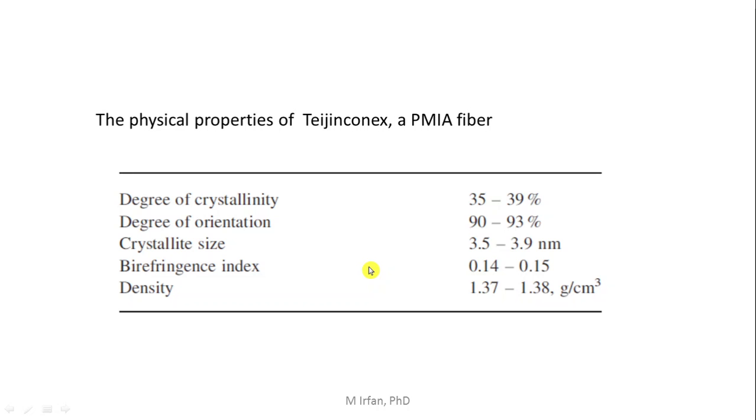These are the properties of Teijin Conex fiber, and we can see that the degree of crystallinity in this fiber is about 35 to 39%, and the degree of orientation is 90 to 93%, with a crystallite size of 3.5 to 3.9 nanometer, and the birefringence index is 0.14 or 0.15, and the density of the fiber is 1.37 gram per cubic centimeter.